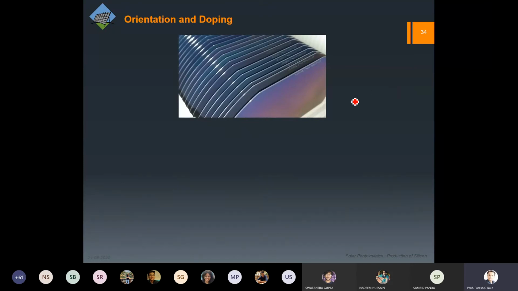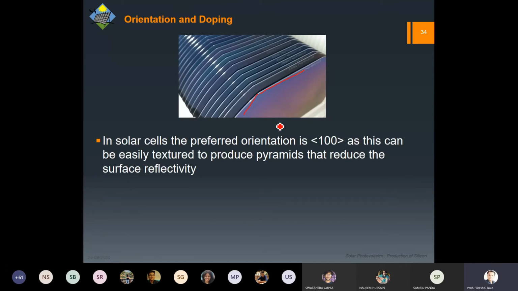You can see it's not circular, it has some flat. That helps us and will tell us more about the orientation and doping. In solar cells, even in the electronics industry, we prefer 100; 90% of the wafers used are of 100 orientation. As far as solar cells are concerned, later I will tell you that texturing is required to produce pyramids so that the surface reflectivity is reduced.